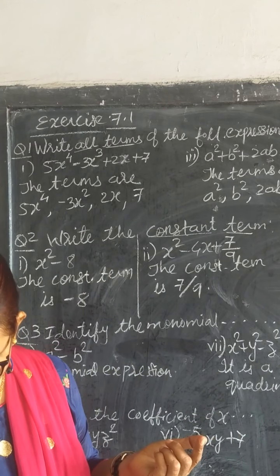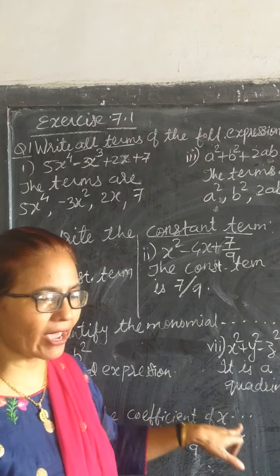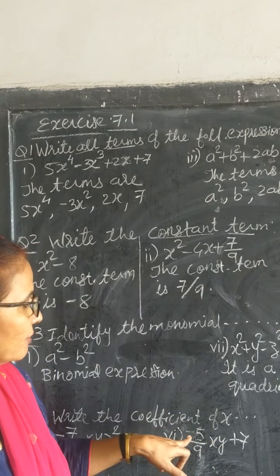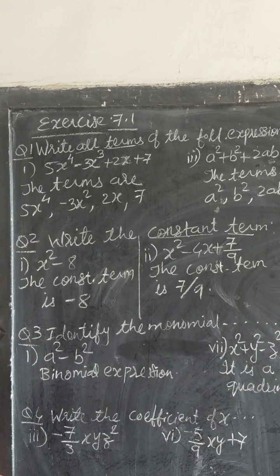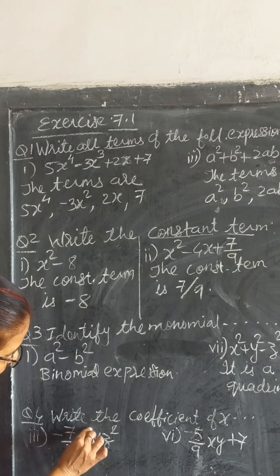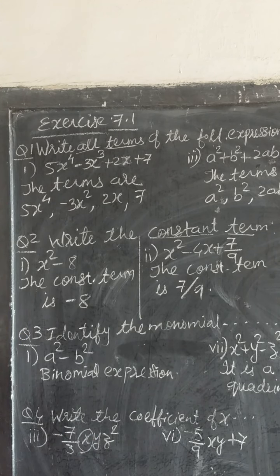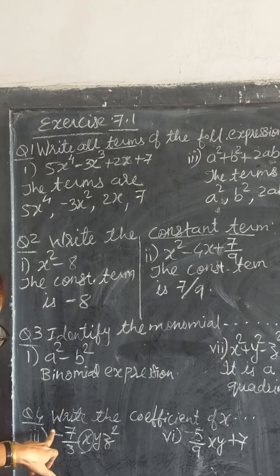Now let's see question number 4. Read the heading. Write the coefficient of x. Read the question carefully. You have to write the coefficient of x. So you can see in the question, this is x. What will be the coefficient of x? Leaving this x, what is left?